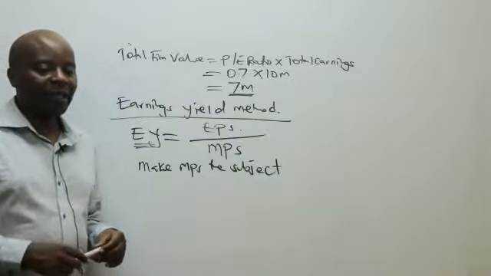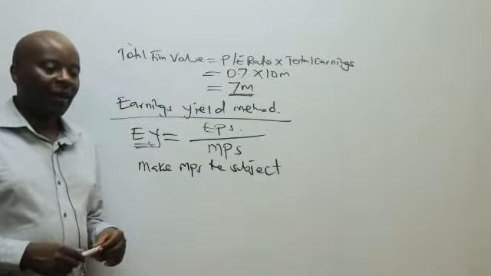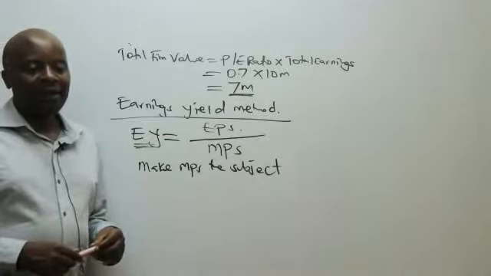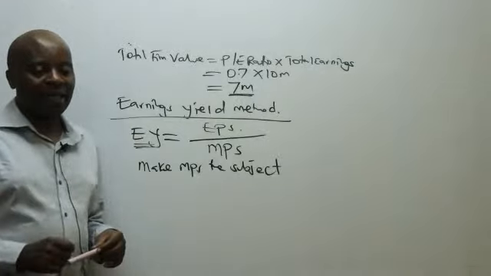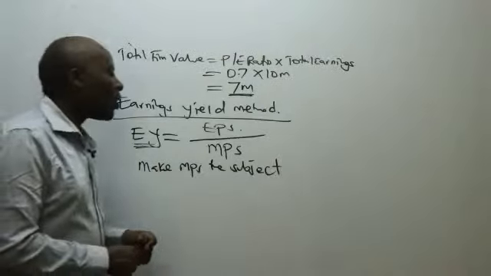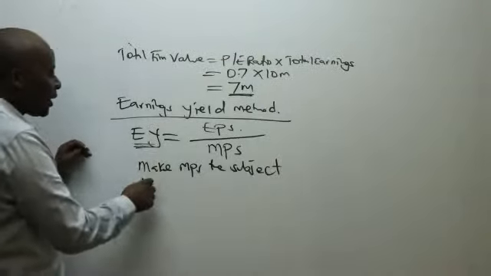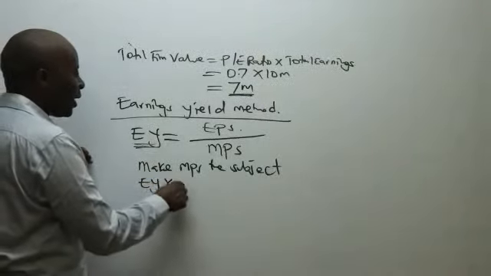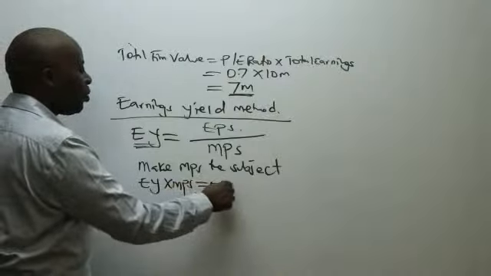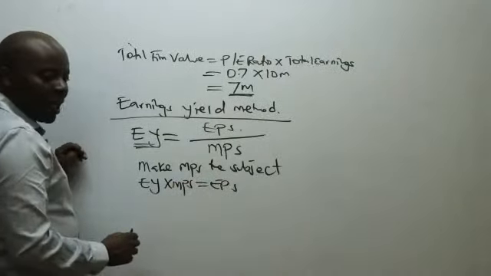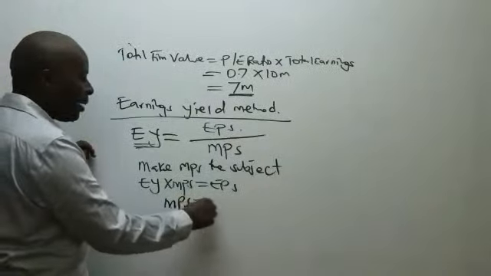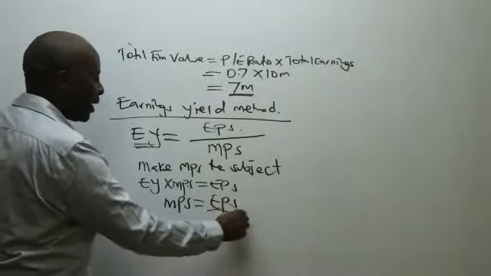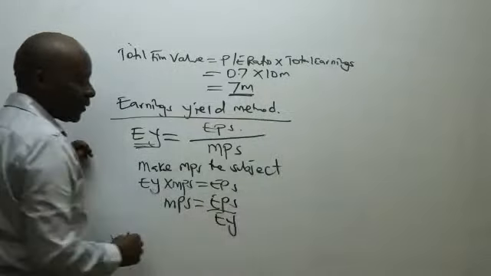Betty has already been able to bell the cat. Thank you very much. All of us are correct because on cross multiplication, we have earnings yield times MPS equals EPS. And if I make MPS the subject, then it will be EPS over earnings yield.